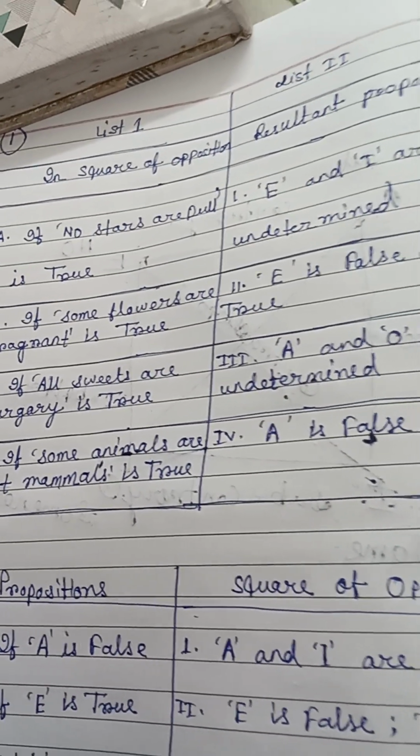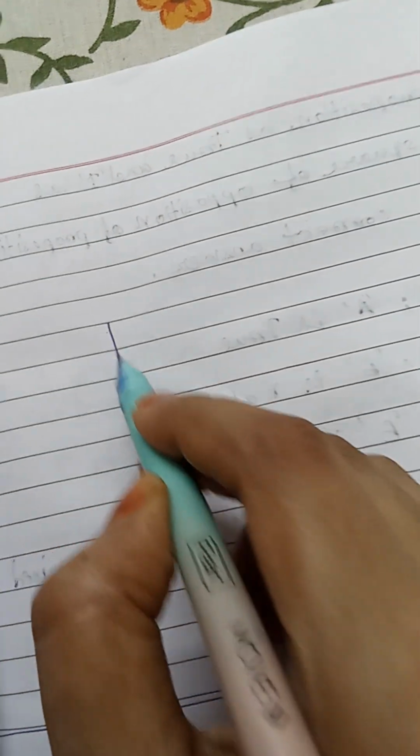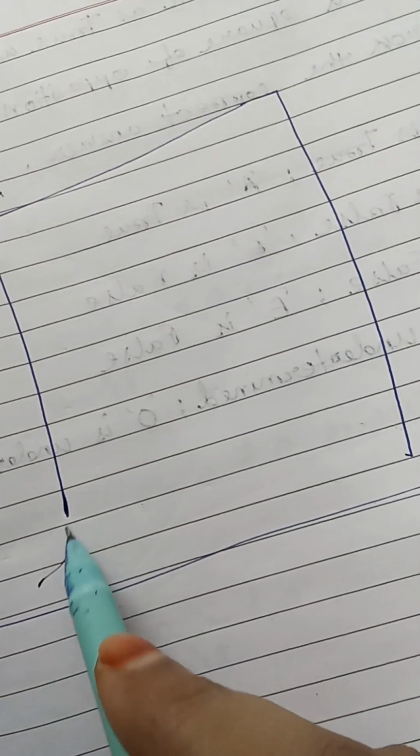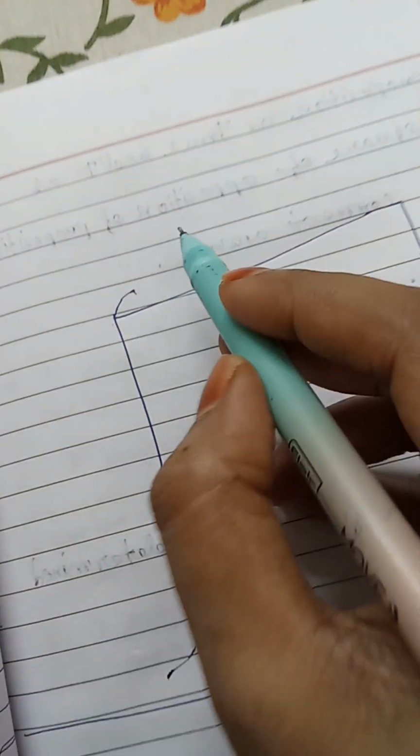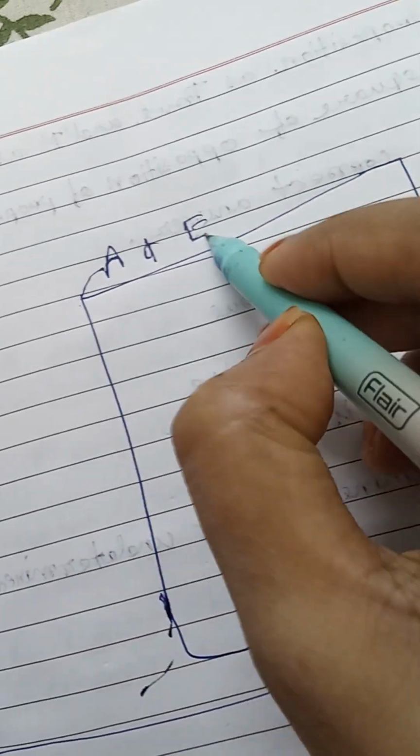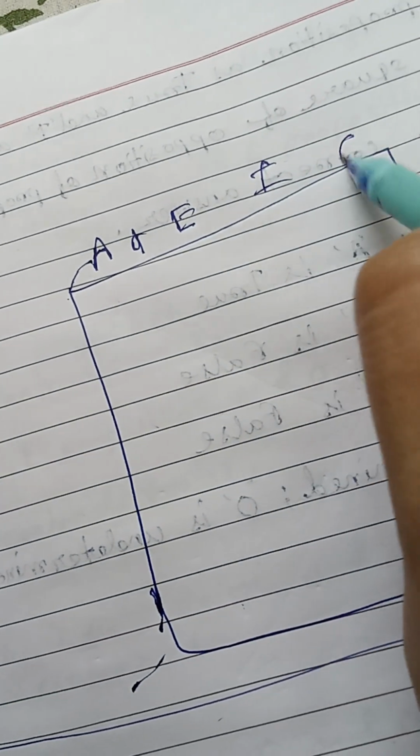So for that I have a trick I learned from a tutor online on YouTube. You have to draw first a box, then write down A, E, I and O.